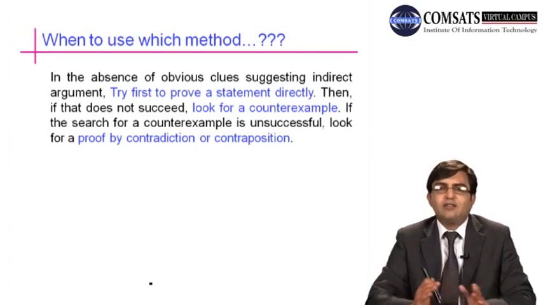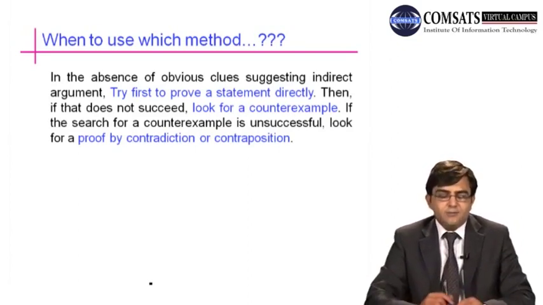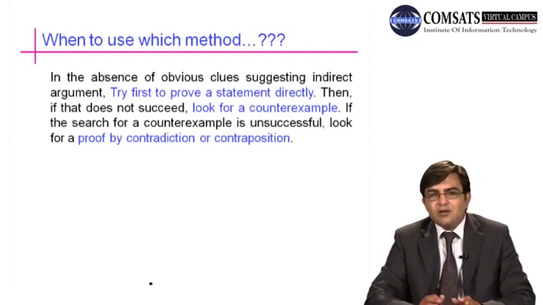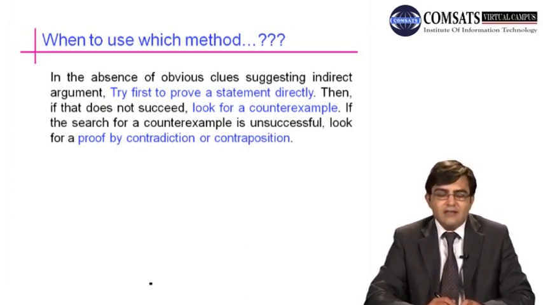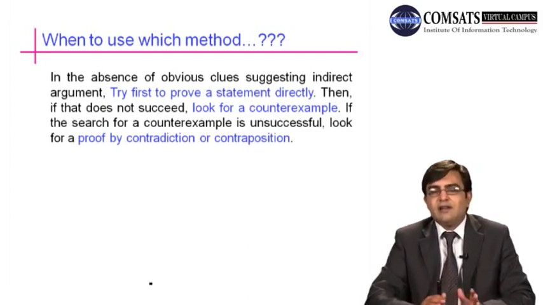So this is basically the order of preference in using the methods to prove a given statement. If you have not succeeded in finding a counterexample also, then try the method of contradiction, and then at the end try the method of contrapositive.